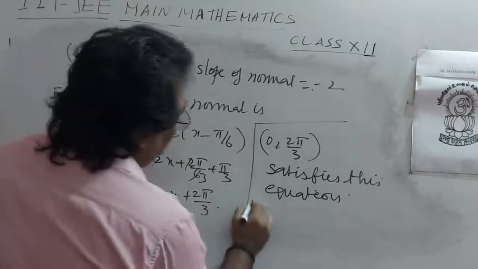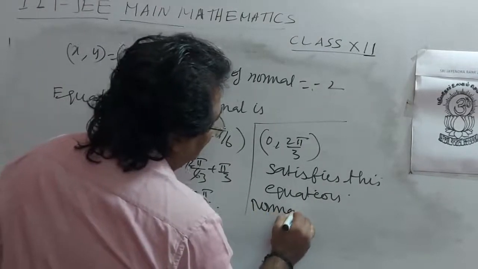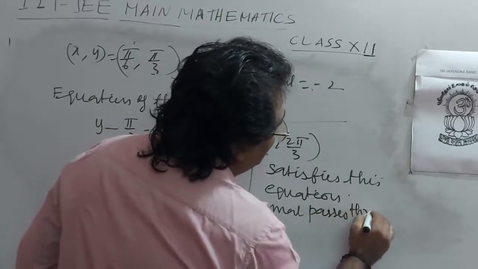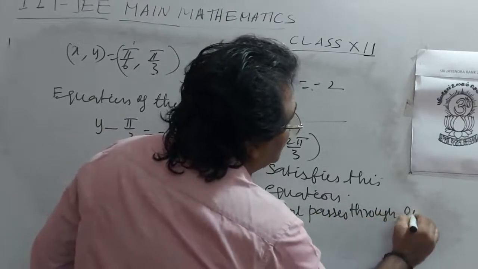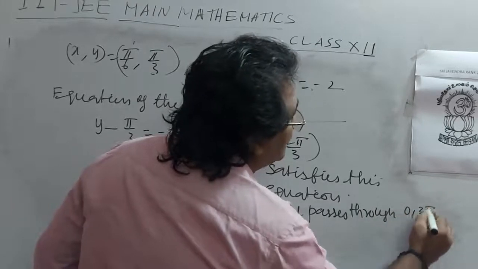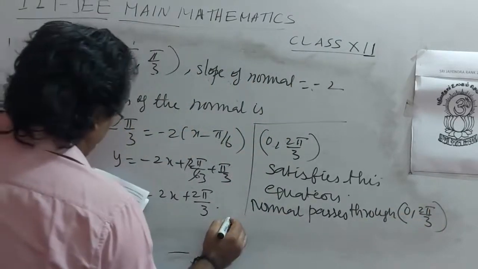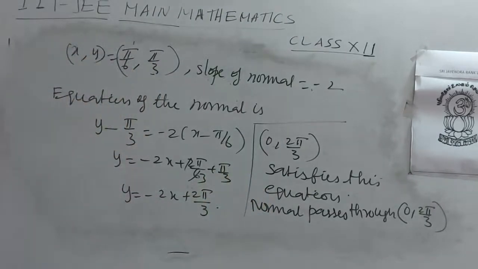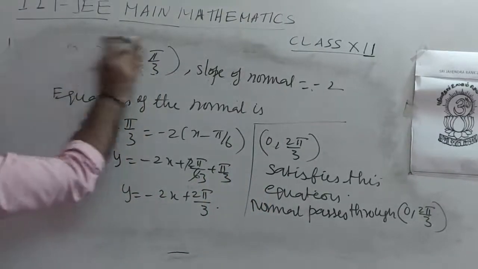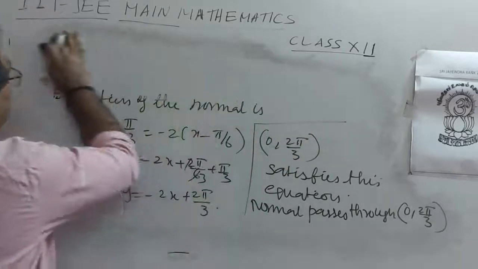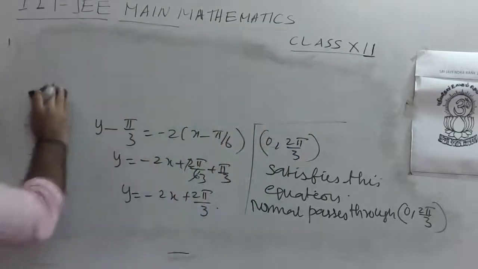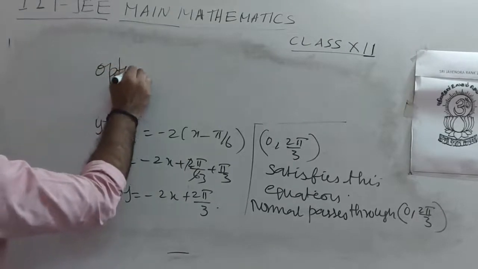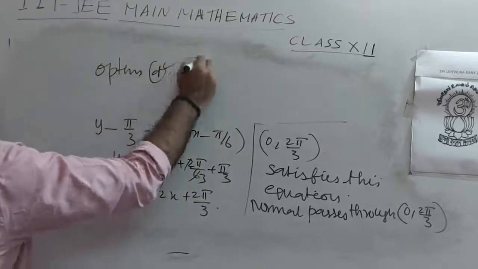So the normal passes through (0, 2 pi by 3). So option D is correct.